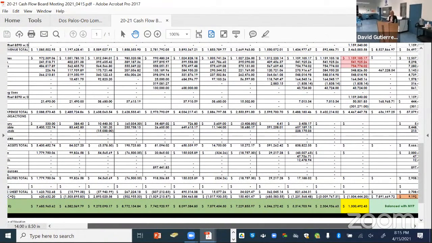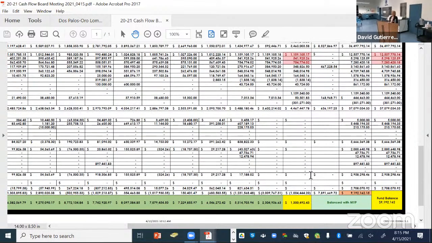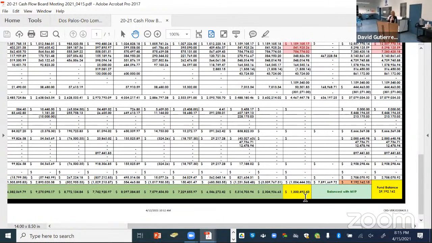But our ending cash balance is projected at the moment to be $1,3,492 as of June 30th. Not to be confused with fund balance in the yellow box at bottom right, which is 9 million. That reflects the 1.3 million of cash on hand plus the cash owed to us. So we're still in good shape for that.